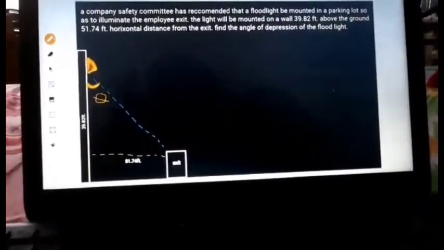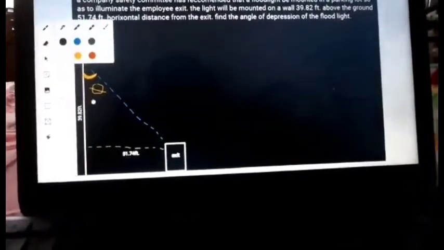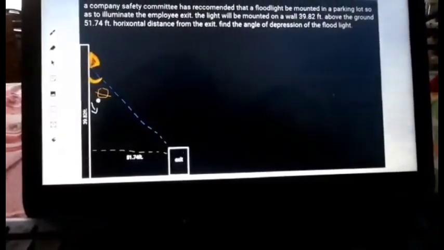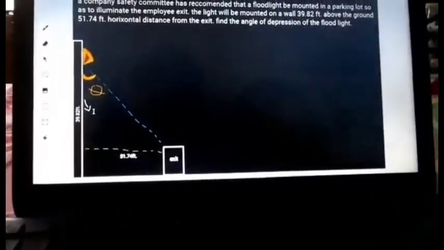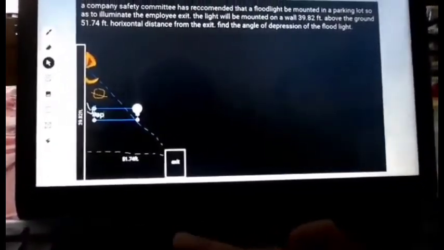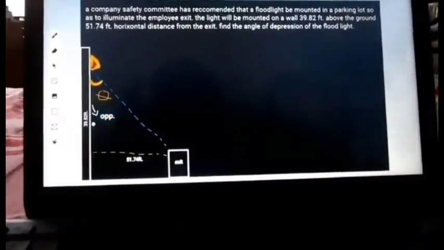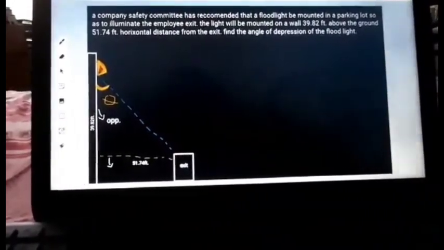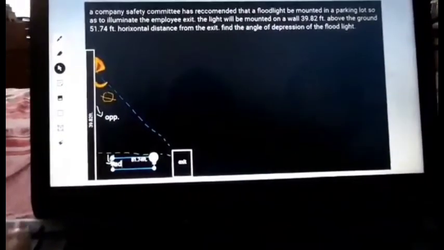Find the parts of the triangle. So this part is the opposite side. And this part is the adjacent side.